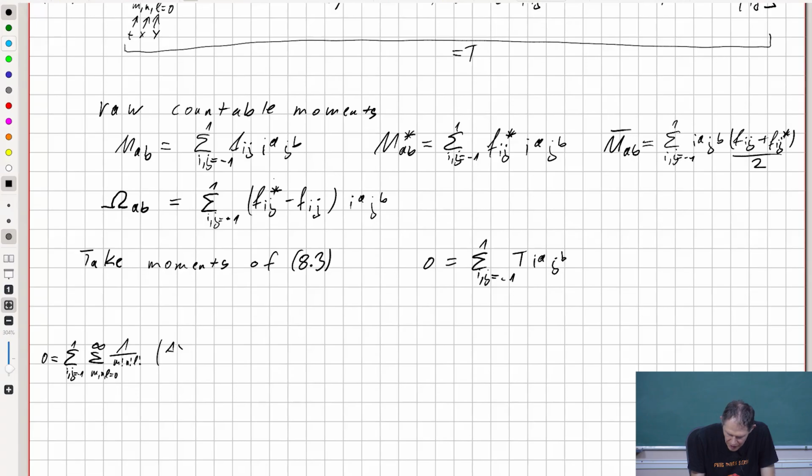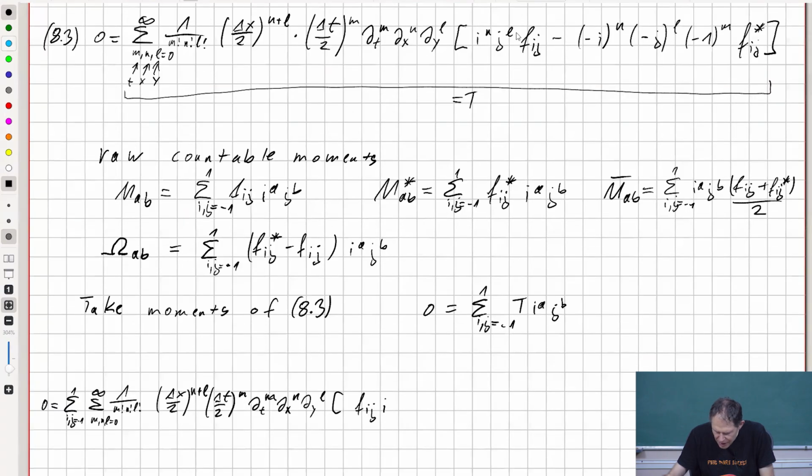So we have delta x half to the power of n plus l, the x counter and the y counter. Then we have delta t half to the power of m. Then we have all these derivatives: dt, the mth derivative, dx, the nth, dy, the lth derivative. And now we have f_ij. And here comes i. So i to what power?